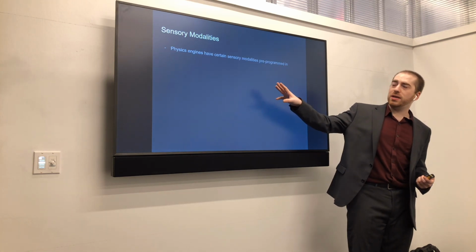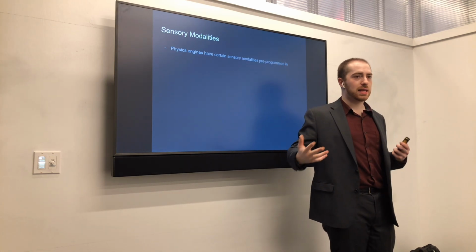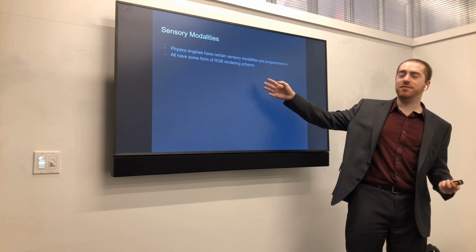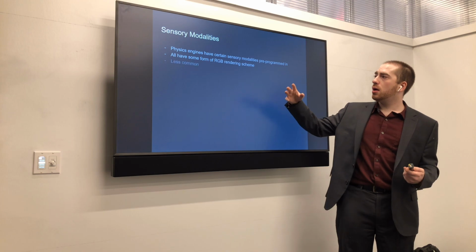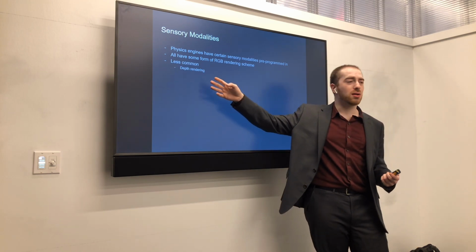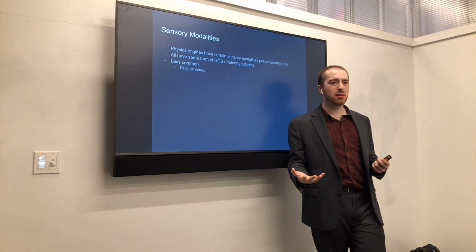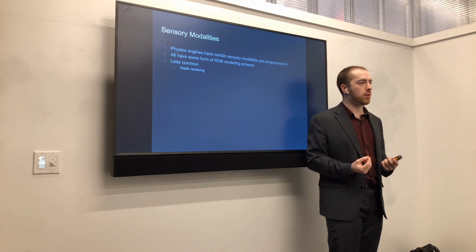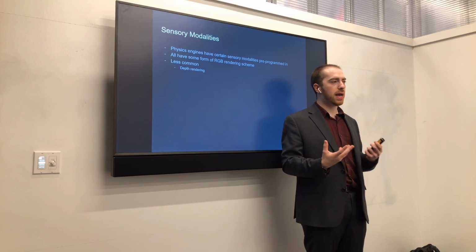Sensory modality. So I want to mention that physics engines have this lacking implementation of different sensory modalities. They all have some form of RGB rendering, but less common things are depth rendering. So they're using OpenGL to approximate depth rendering, but actual ray tracing depth rendering isn't always implemented.